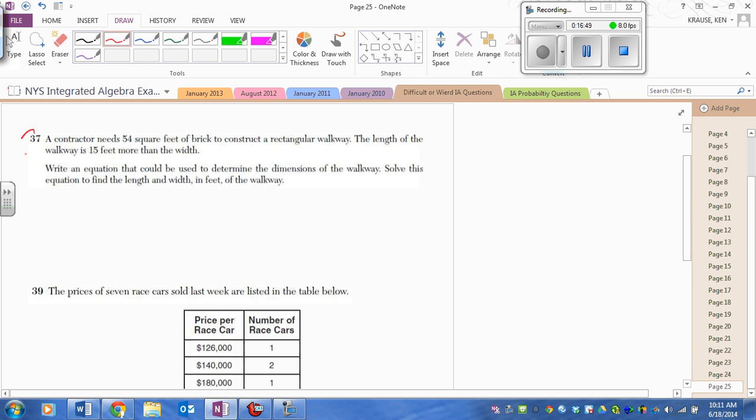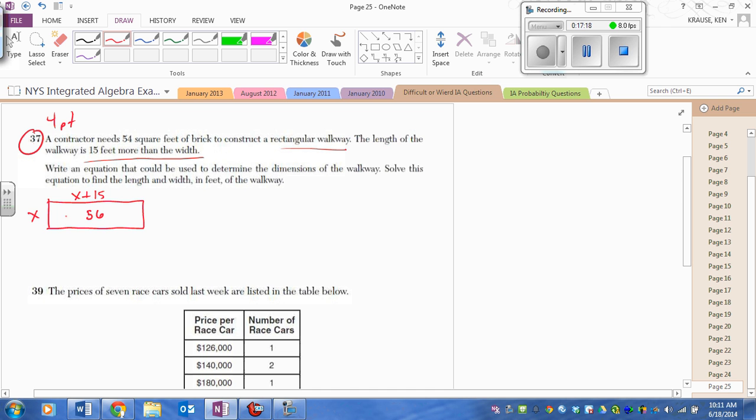All right, question 37, a 12-point question. A contractor needs 54 square feet of brick to construct a rectangular walkway. The length of the walkway is 15 feet more than the width. Find an equation.